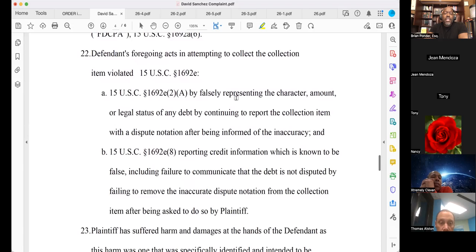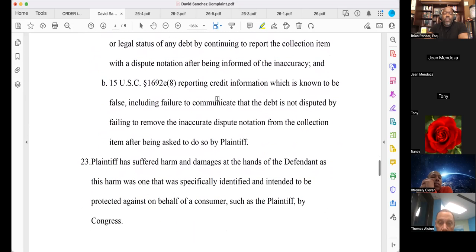Okay, we got an E2 case, falsely represented the character. E8, reporting credit information known to be false, including the failure to communicate that the debt is disputed. See, they made this up. That's not part of E8. But remember that list I gave you, and that they're doing is not exhaustive. So it could go both ways.